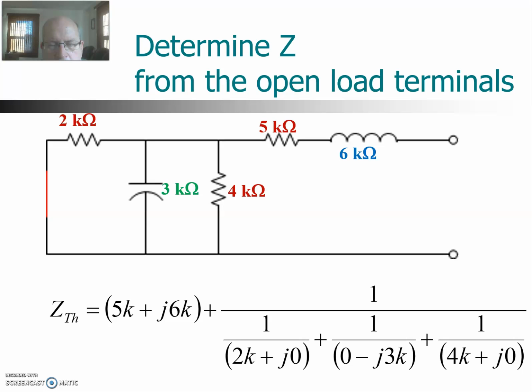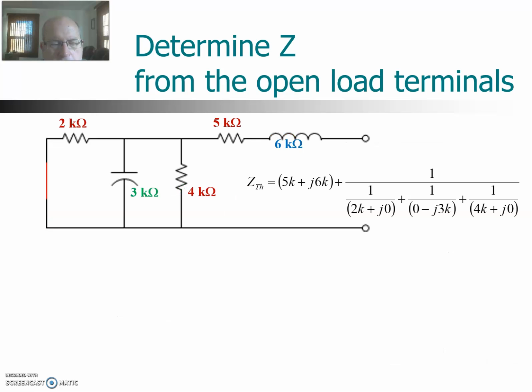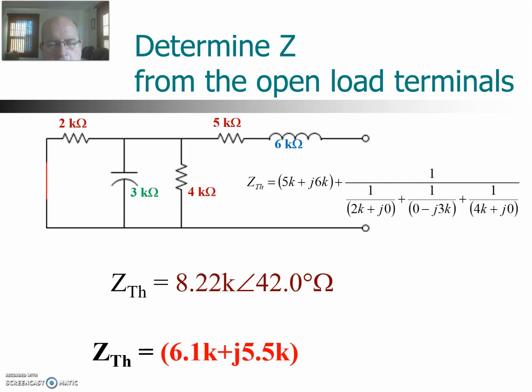Well, we have 3 branches, so we can't use product over sum, but we can do reciprocal of the sum of the reciprocals. First branch is 2K plus J0, then the capacitor is 0 minus J3K, and then the resistor is 4K plus J0. And again, a calculator should allow you to calculate that value as being 8.22K and angle of 42 degrees. If you convert that to rectangular format, that is 6.1K plus J5.5K.